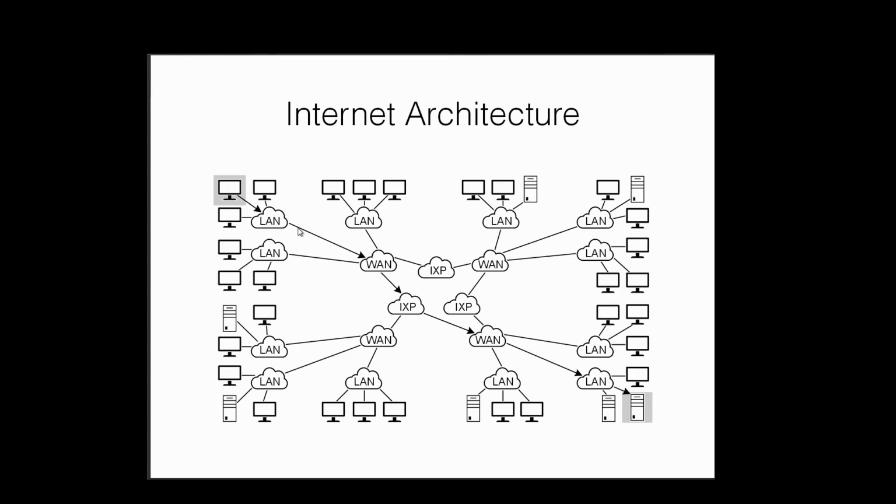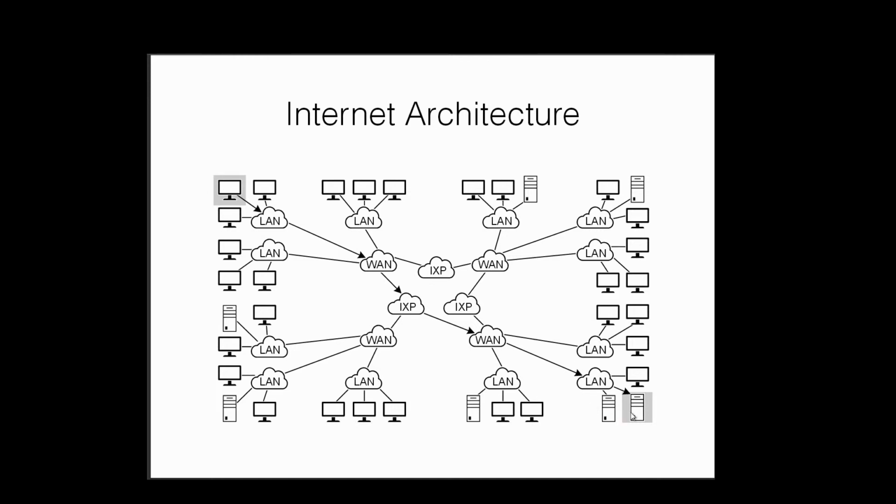But if your computer is sitting in this box over here, and you type in an address to a website, and the address to that website is tied to this server way down over here on the bottom right corner, then you're the client sitting up in the upper left.